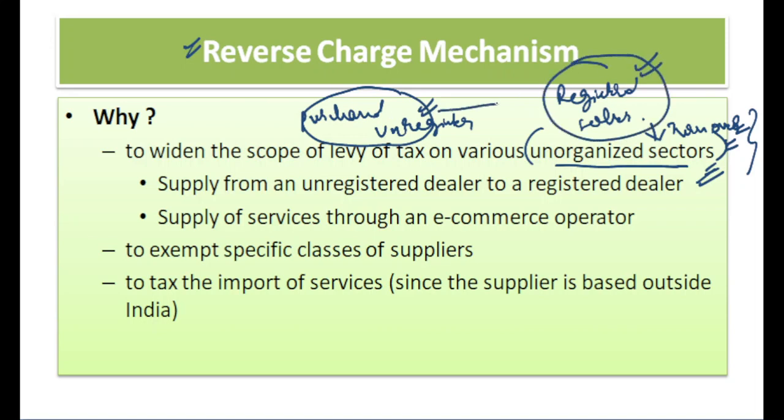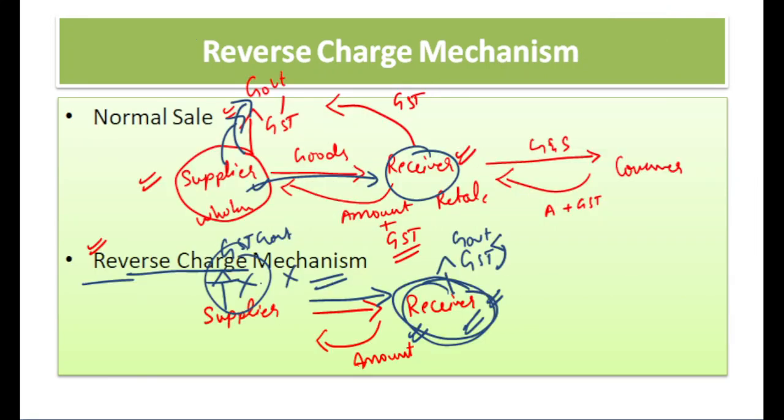Even if you purchase from an unregistered seller, you would just give him the amount and you have to deposit the tax to the government. It is same like how we looked here. Here instead of the supplier who is the unregistered supplier, you are the registered supplier, you are depositing the tax to the government.